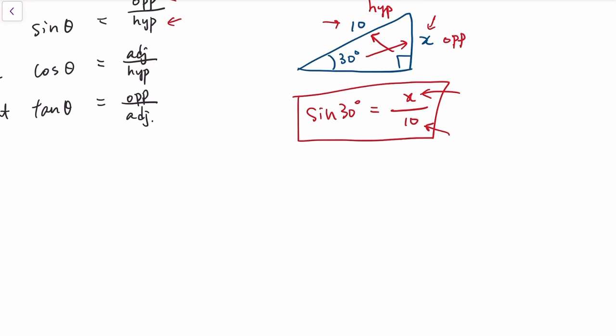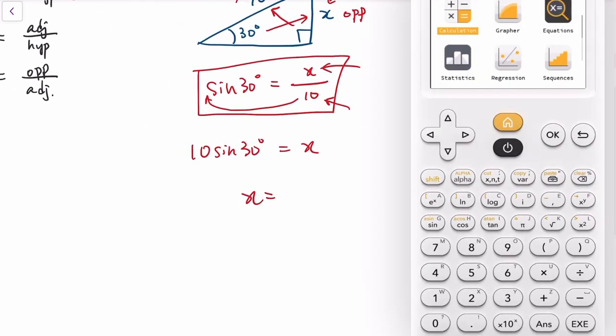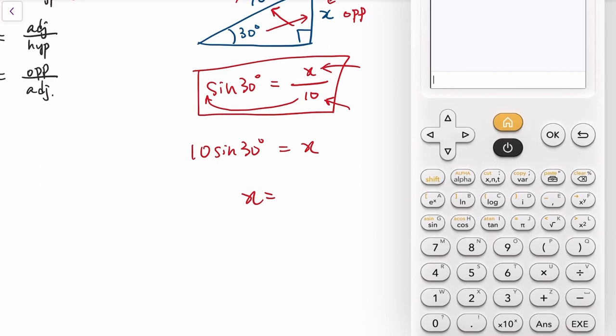So this is divided by 10, so you would multiply it to the other side. So it's 10 times sine 30. And then you basically want to press the calculator. So you type 10 times sine 30, and you should get 5. Let's look at more.